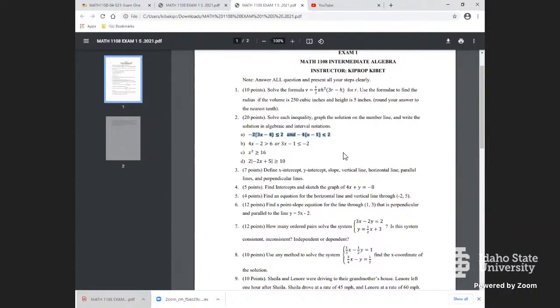And then here, find the intercepts, the x and the y. So for the x intercept, y equals 0, so it will be -2 and 0.